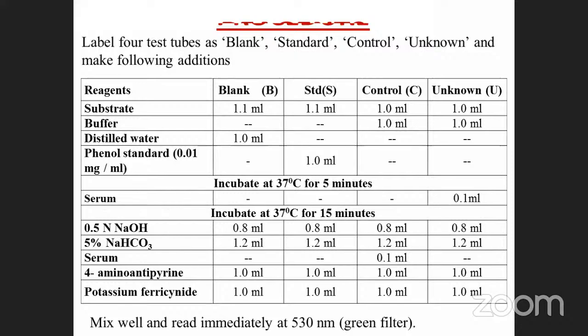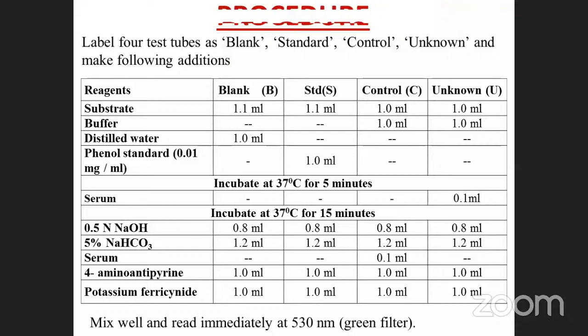This slide represents the procedure of the estimation of serum alkaline phosphatase. Label 4 test tubes as blank, standard, control, and unknown, and make the following additions. First is the substrate. Substrate means disodium phenol phosphate.